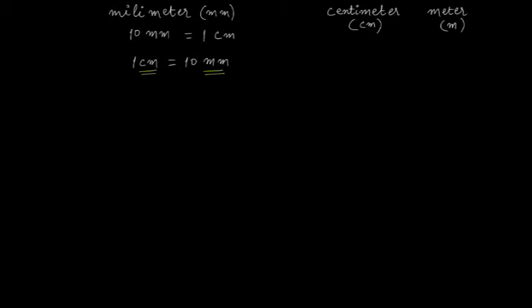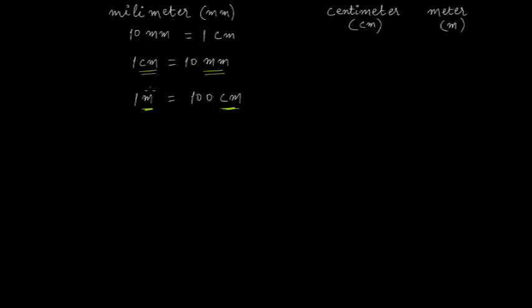Similarly, for the relation between meter and centimeter, 1 meter is equal to 100 centimeter. So meter obviously is a larger unit in comparison to centimeter. If 1 meter is equal to 100 centimeter, then what is the relation between meter and millimeter?